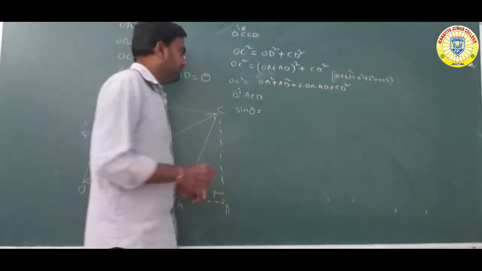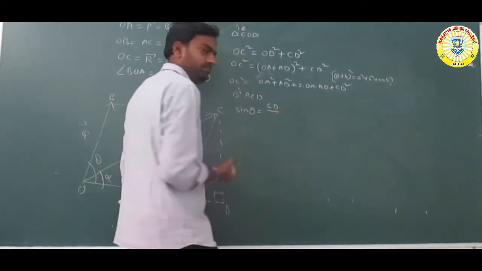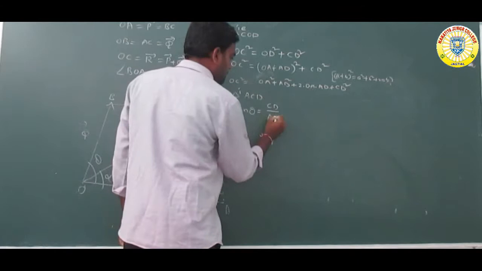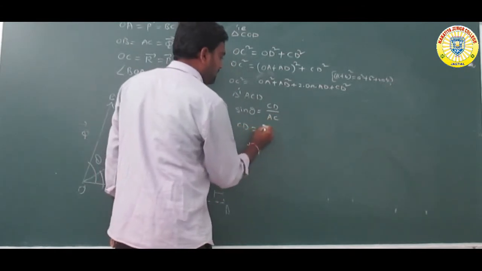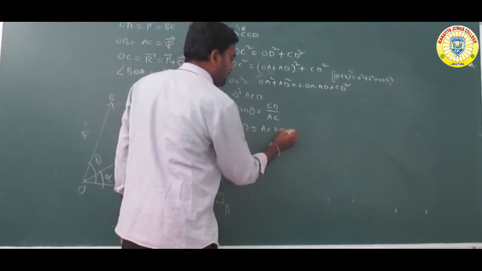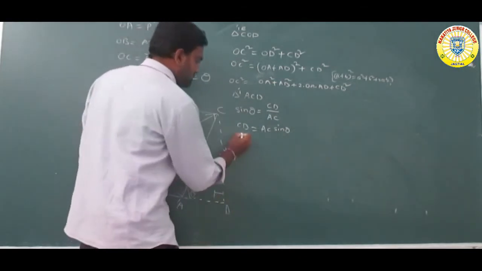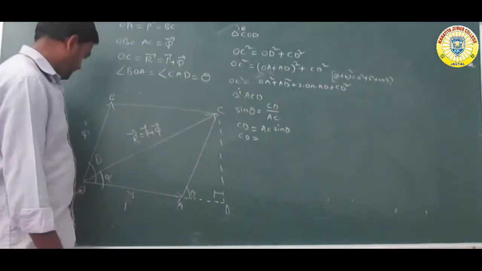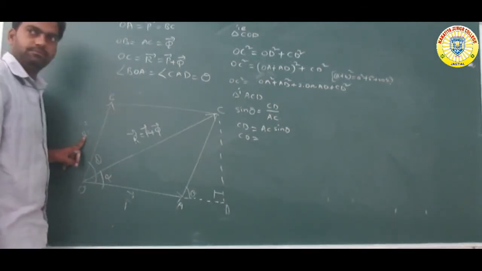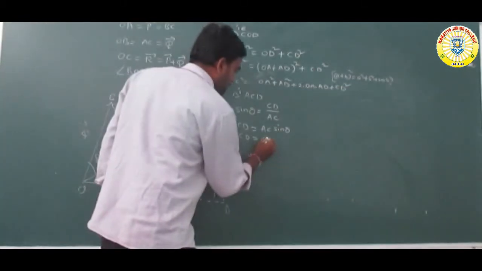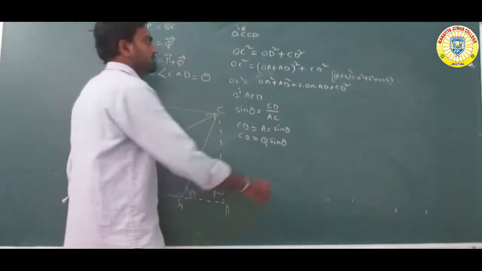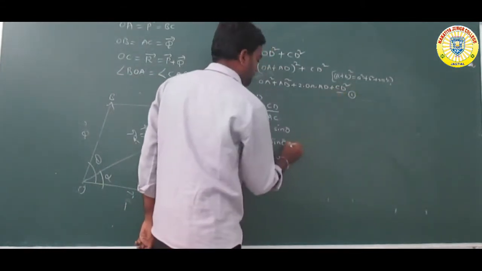So CD by hypotenuse AC. So CD is equal to AC sin theta. AC means OB, that is equal to Q. So CD is equal to Q sin theta. Equation 1 and equation 2.